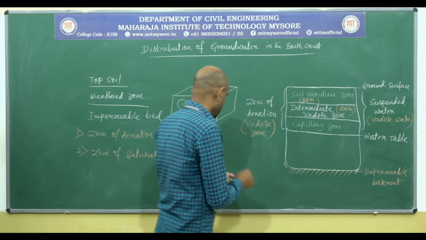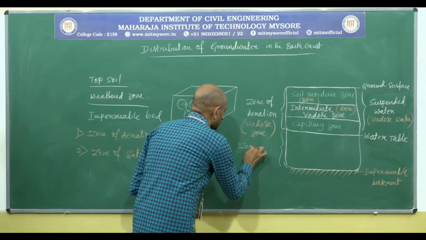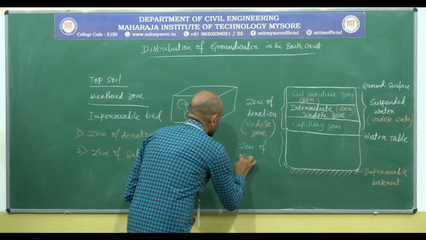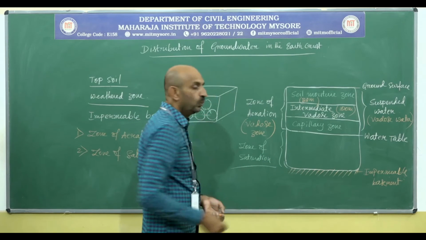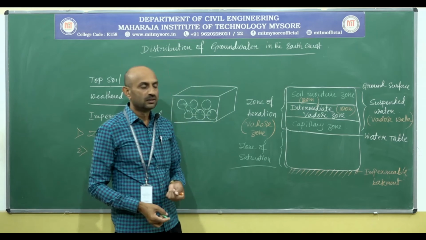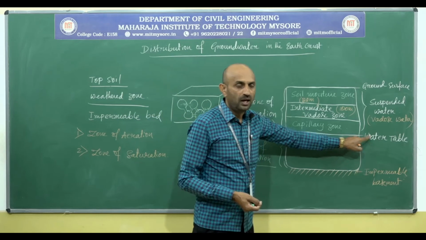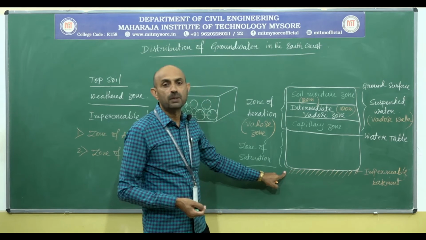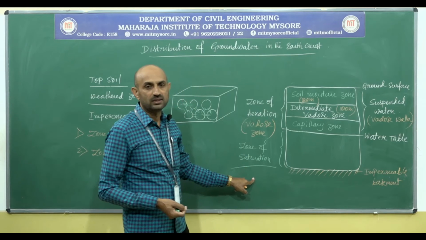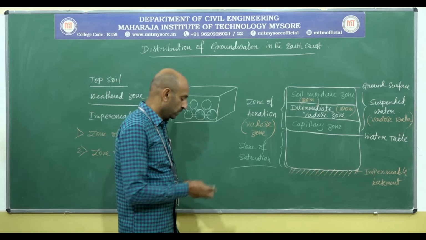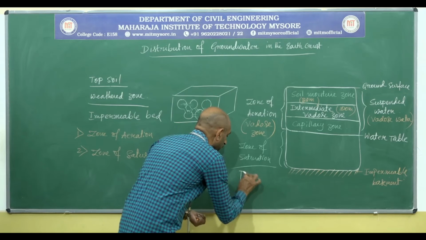It is called the zone of saturation. What is the zone of saturation? The zone between the water table, this is the water table, and up to the depth of the impermeable bed is called the zone of saturation or phreatic zone, which is also called the phreatic zone.